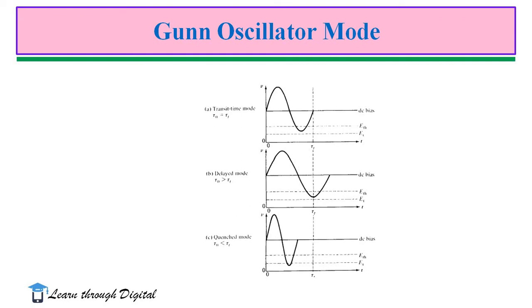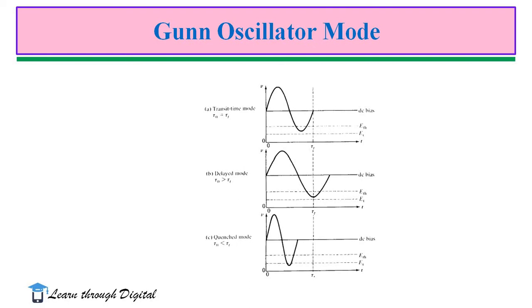The oscillation period is greater than the transit time, that is tau naught greater than tau T. This delay mode is called inhibited mode. The efficiency is above 20%. Here you note down this tau naught greater than tau T, the transit time.